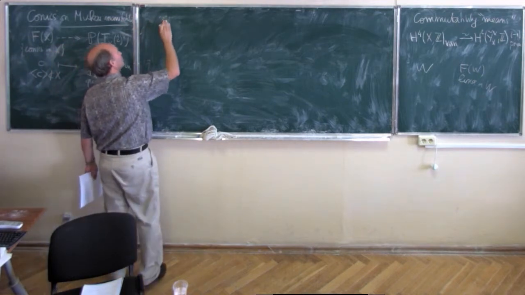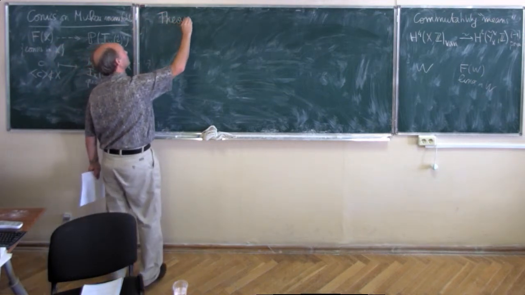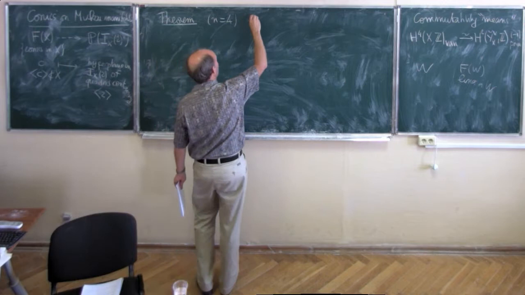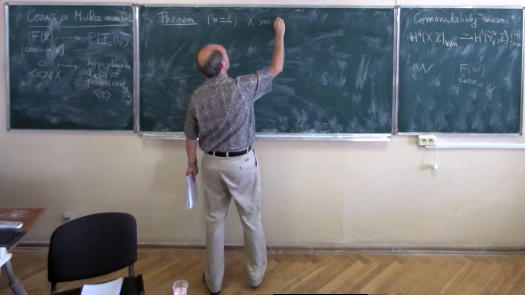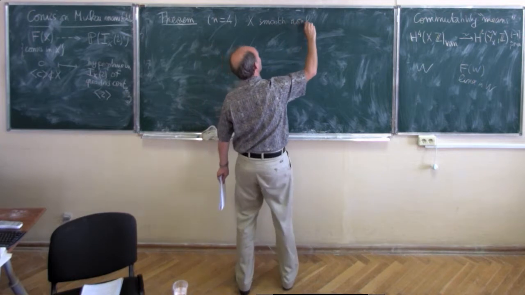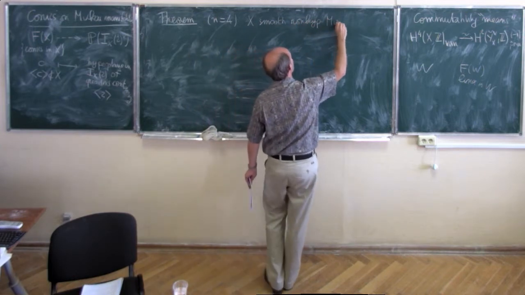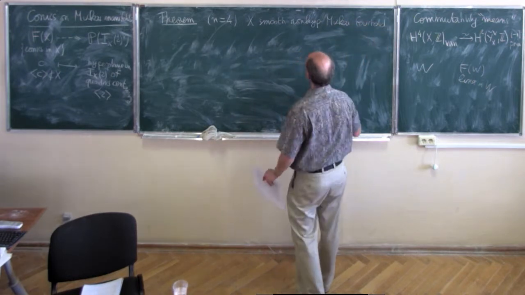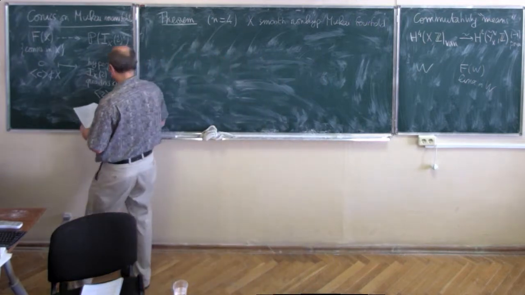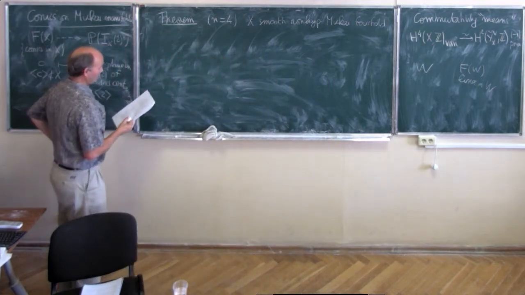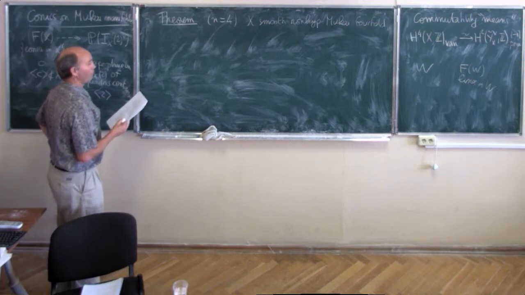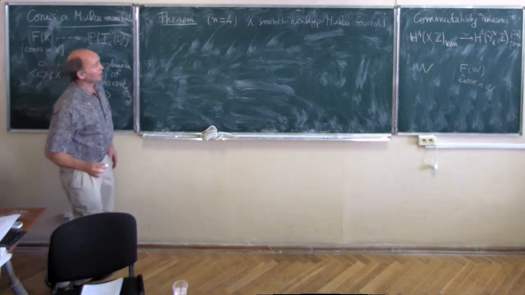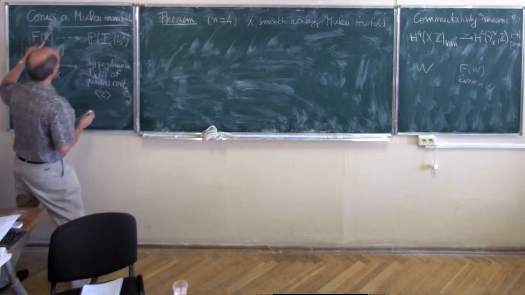When n is equal to 4, so theorem: let's say that X is a smooth, non-hyperelliptic Gushel-Mukai fourfold. So the expected dimension of F(X) is 5.